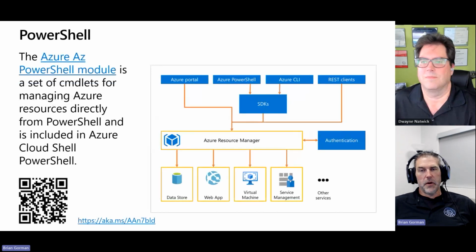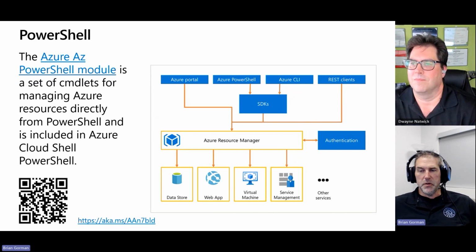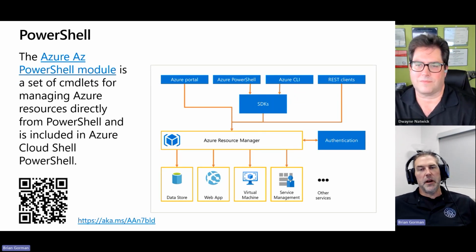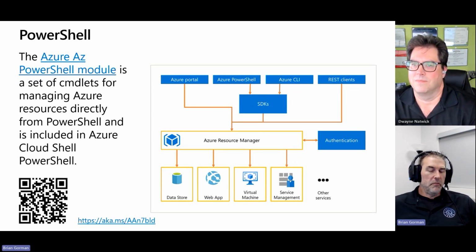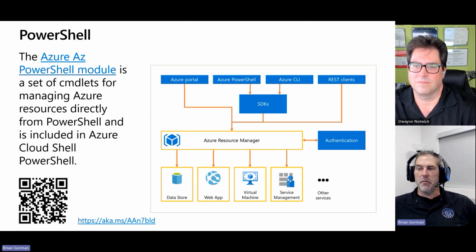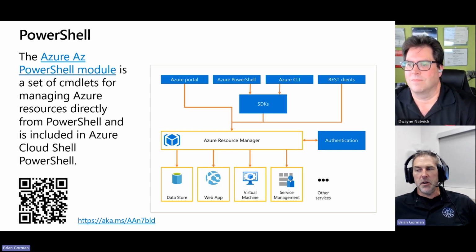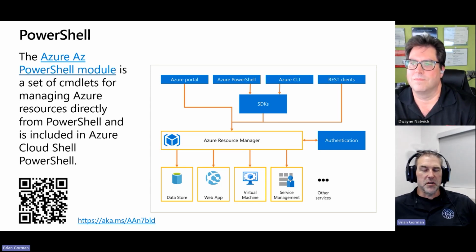So around all of that, of course, PowerShell does give us the ability to do all the commands we need to do, and they are specifically labeled and named when you do PowerShell. So typically you'll import modules into your PowerShell to run against different things. But what this diagram really shows us is that no matter how you're coming at the ARM, basically the Azure Resource Manager, you're going to be going through the same endpoint. The same APIs are going to be used.